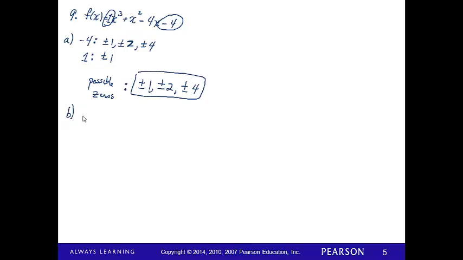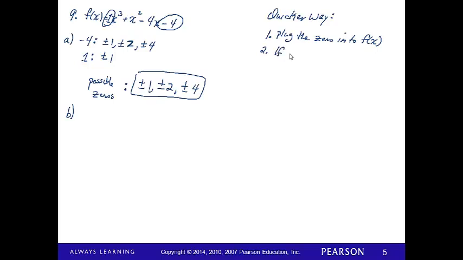And then part B says use synthetic division to find an actual zero from this list. So the fastest way to actually do this, a quicker way, instead of going through all of these possible zeros, here is a quicker way for testing each zero. You're going to first plug the zero into f of x.